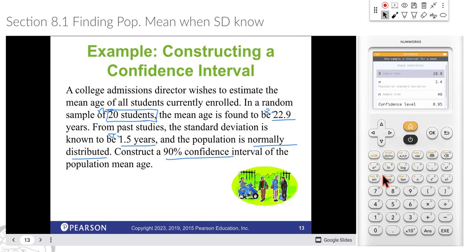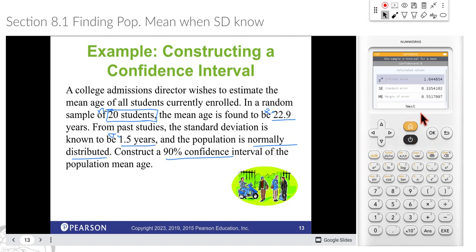Okay, so we'll input all this stuff. 22.9 from the mean we were given. The standard deviation we're told is 1.5 years. The sample size is 20, so we'll enter that. And the confidence level is not 95, it's a 90% confidence interval that we want.